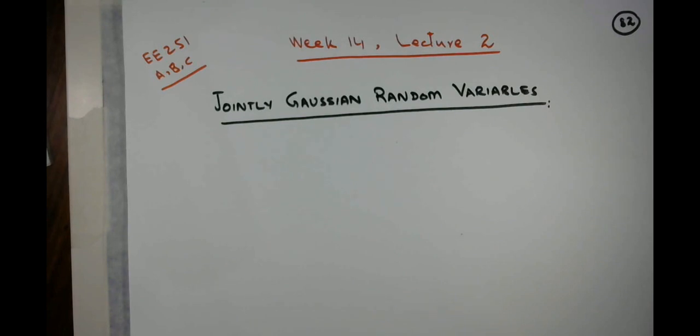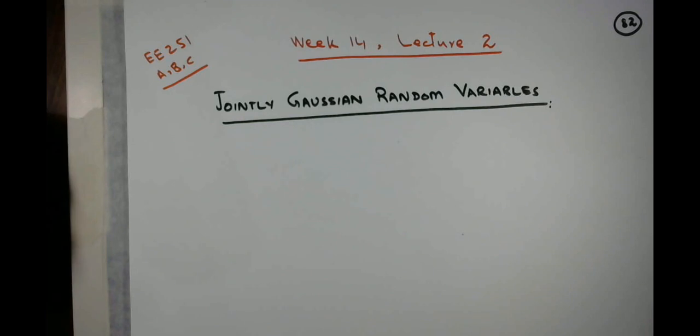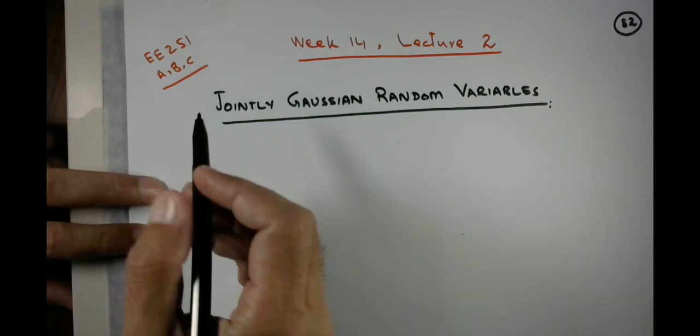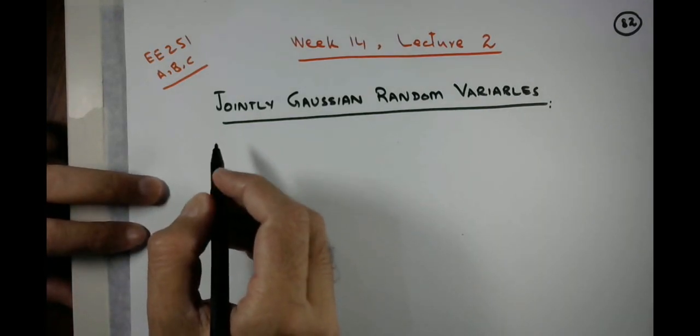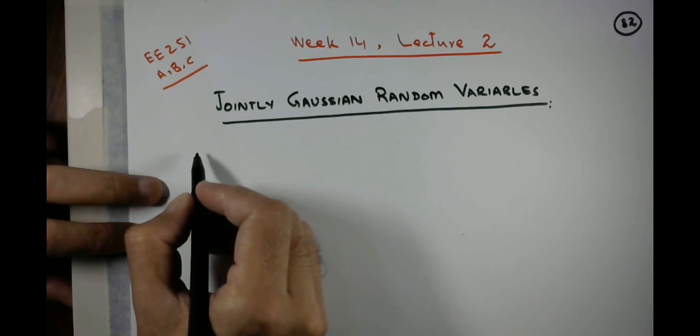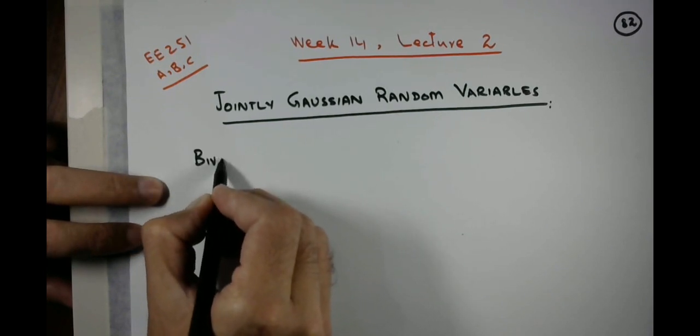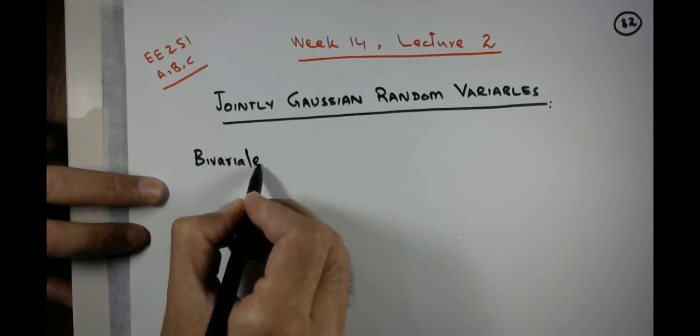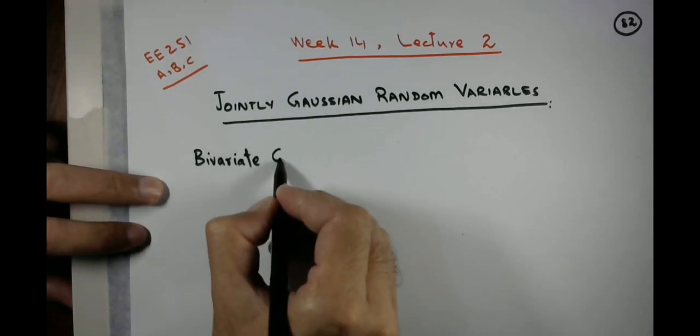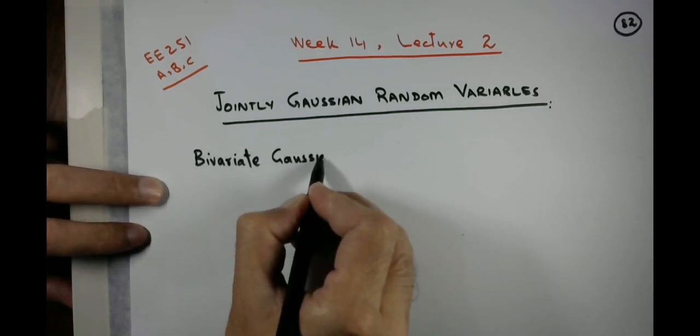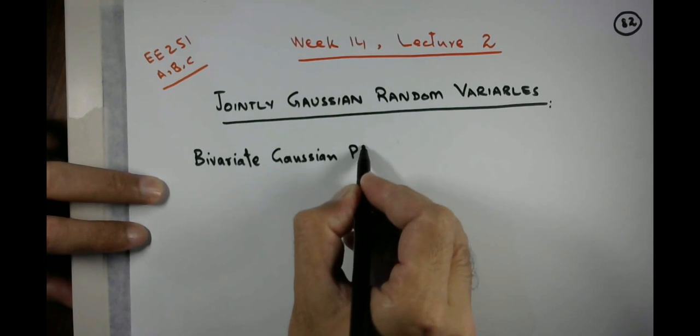As a special case, we'll discuss a distribution of two Gaussian random variables. So effectively, this is a jointly Gaussian bivariate distribution, or in other words, the bivariate Gaussian PDF.